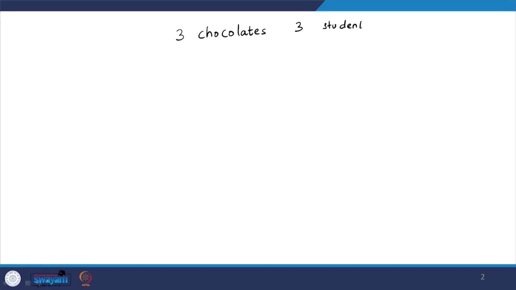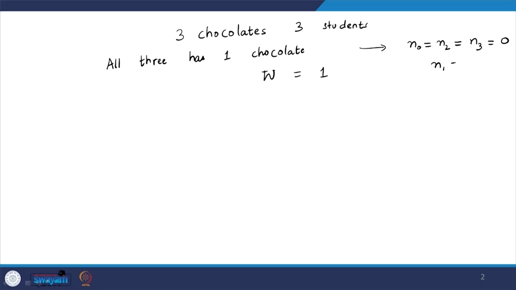Now, your intuition may say that if all 3 has 1 chocolate, that should be like most favored, but let us count how many ways that corresponds to, and you see that the number of ways of doing that is actually simply 1, because in that case you will have n naught is equal to n2 is equal to n3 is equal to 0 and n1 is equal to 3.